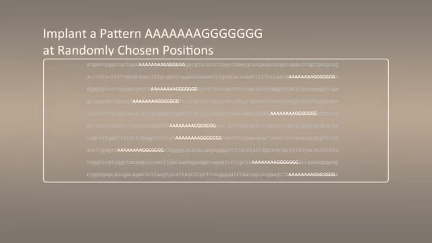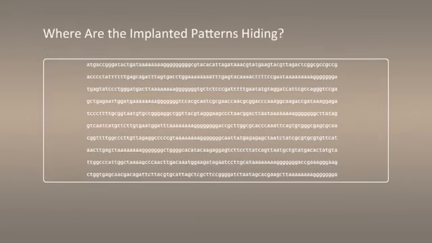Now, turn your head. I will hide these patterns, and tell me where these patterns are. What algorithms should you run to figure out where I have inserted these patterns? You already probably recognize that if we slightly modify our frequent words problem, we will find the pattern I have inserted.